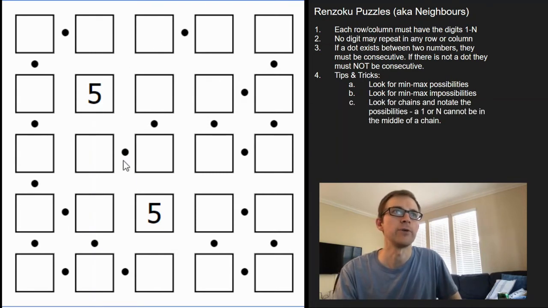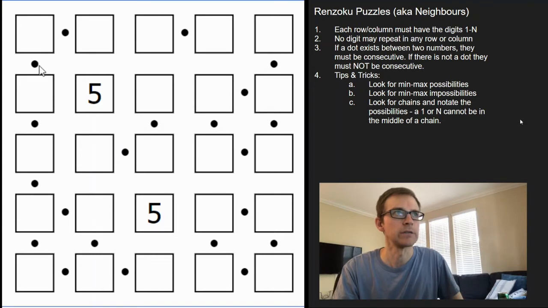And if you have, let's say, a 5 in one area and there's a dot, you know the next one must be a 4. And if you have a 3 next to a dot, then you know the next square cannot be a 1 or a 5. So that's what I mean by looking for your possibilities and impossibilities. And you can jot down notes.